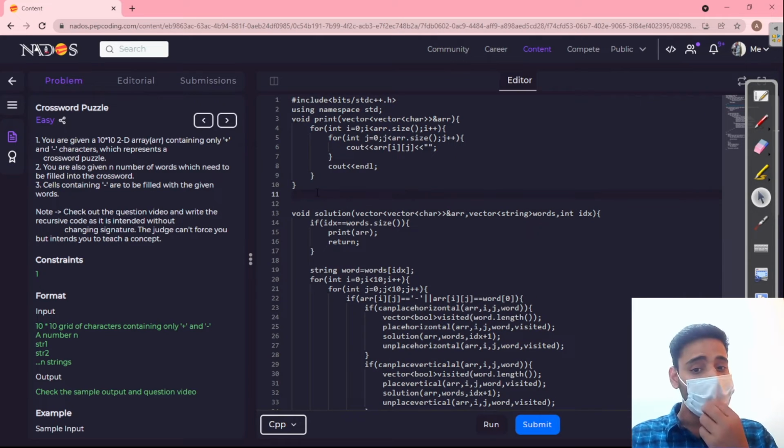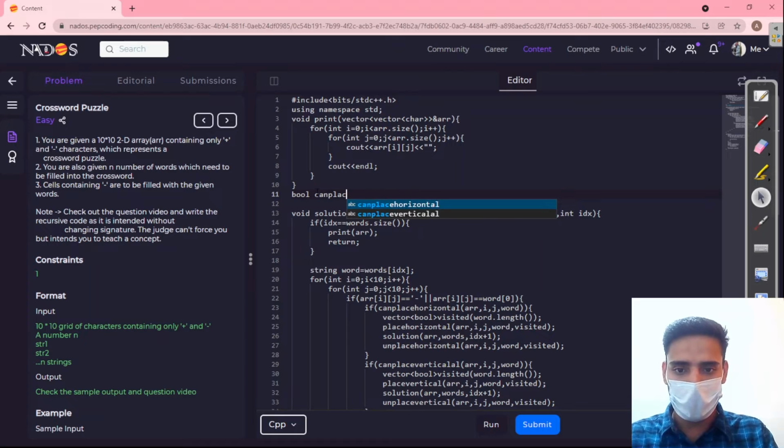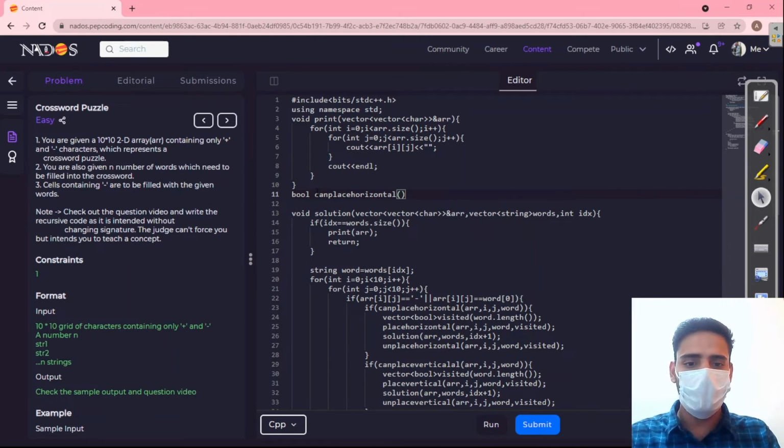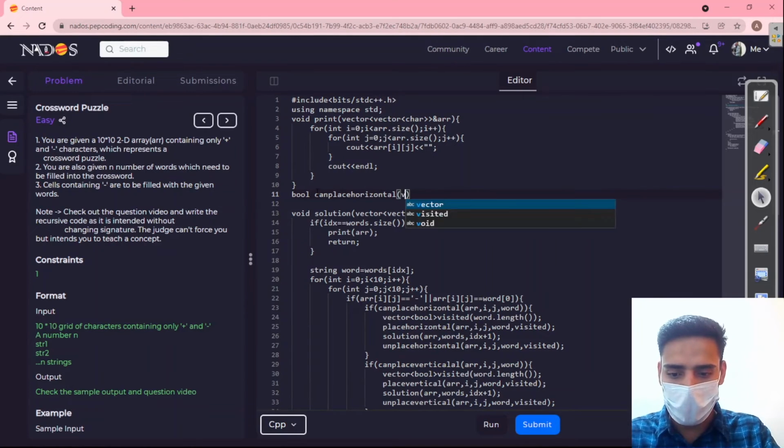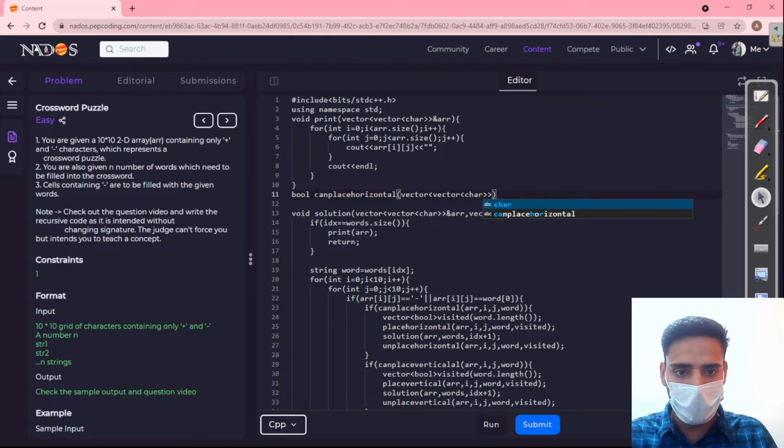So can place is a bool type return, right? So we have to make a bool function here, can place horizontal. Okay, so inside this, we have an array, a vector of char type, right?